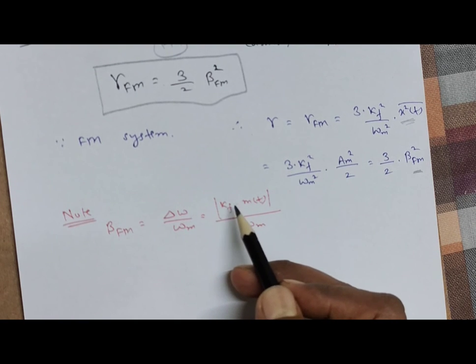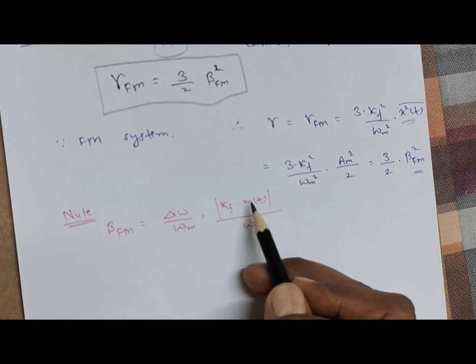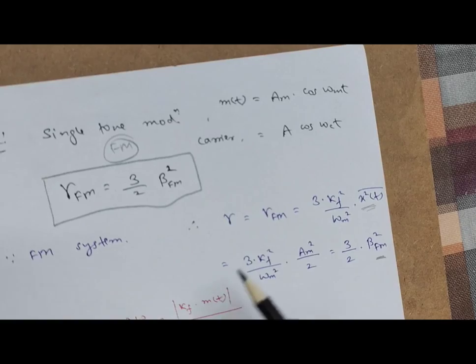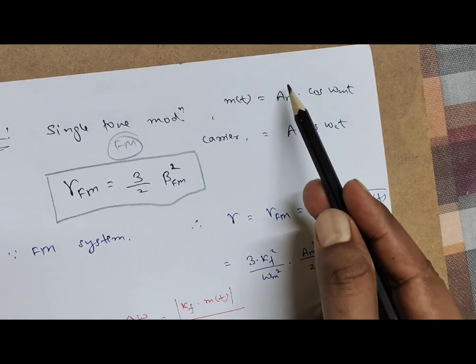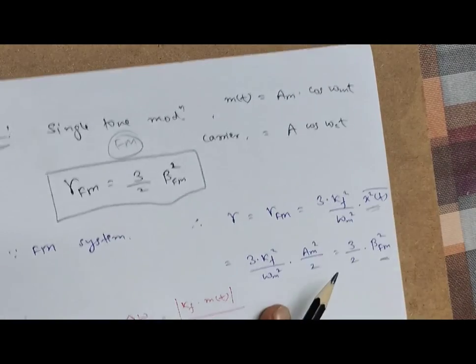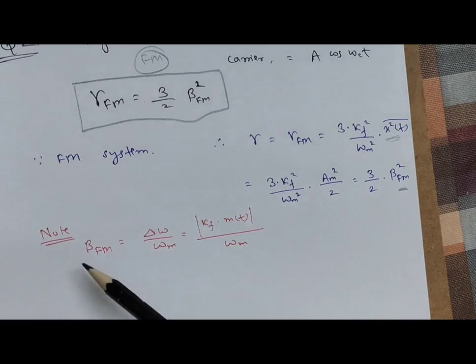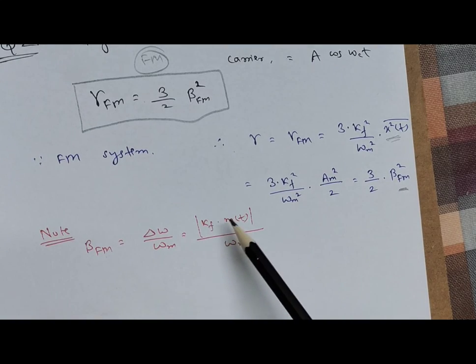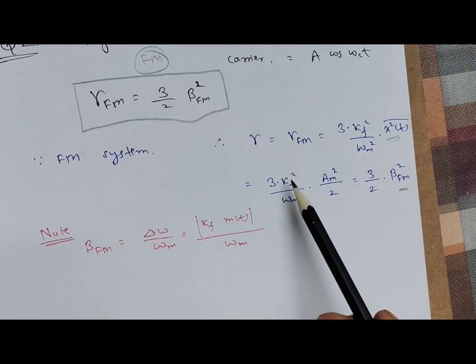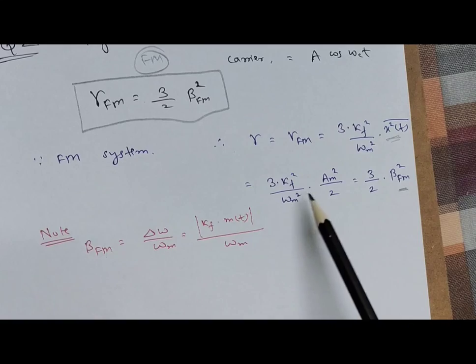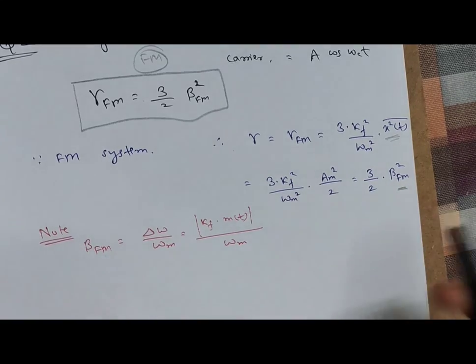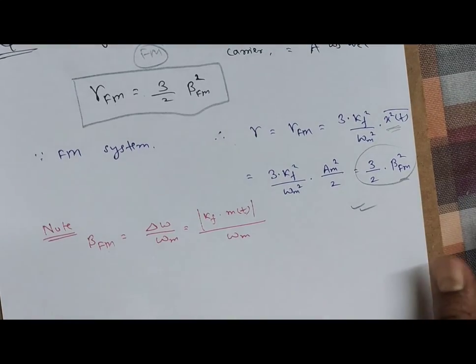Kf is a constant, the frequency sensitivity, and m(t) here is this. What is the mod of this? The mod will be Am, right? So beta FM is equal to Kf Am upon omega m. So (Kf Am upon omega m) whole square is equal to beta square, and hence the answer. Okay, thank you very much.